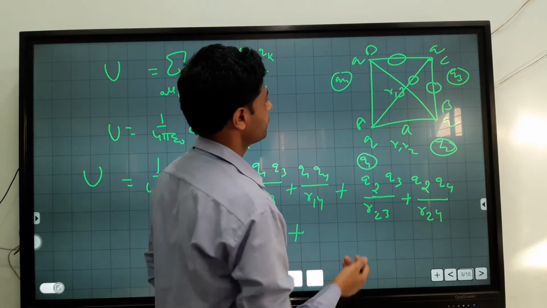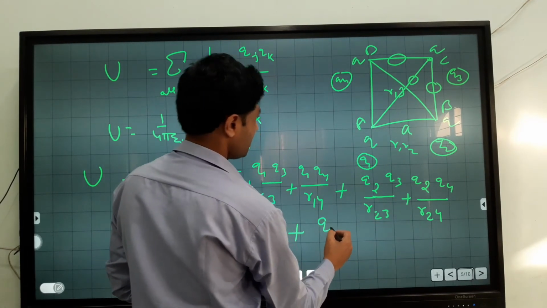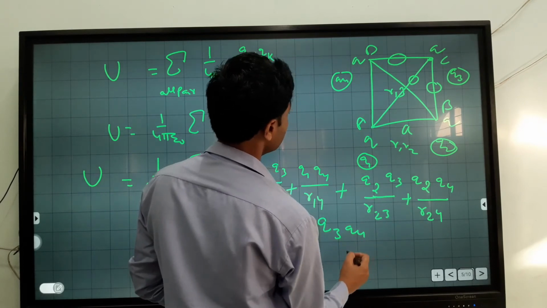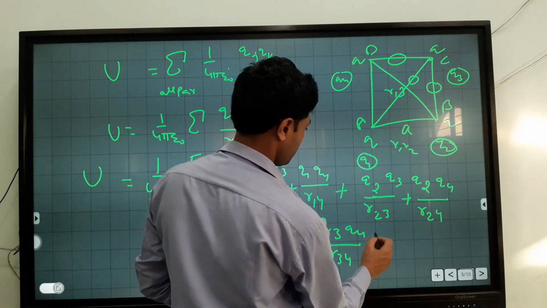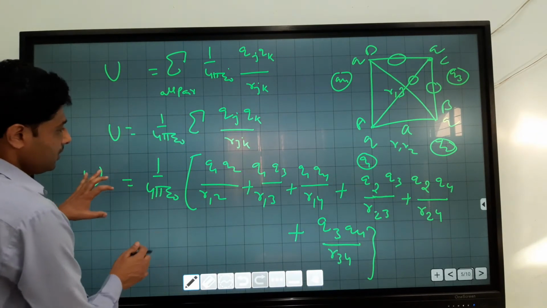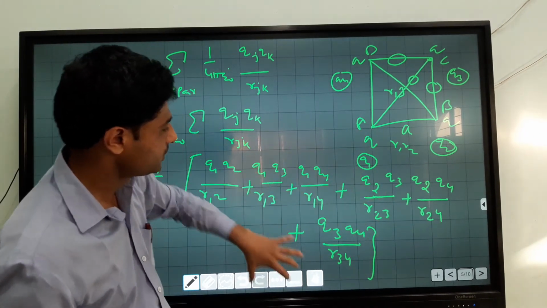Okay. So Q3, Q4 upon R3 R4. This is the total combination of charges.